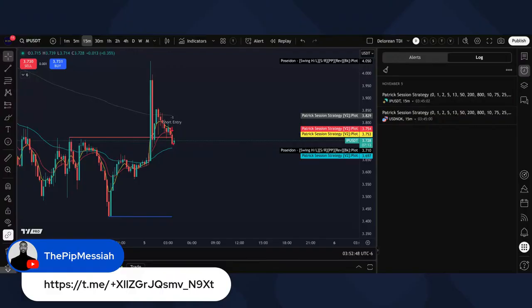It looks like MYX versus Tether is taking over as our deepest trade in profit.